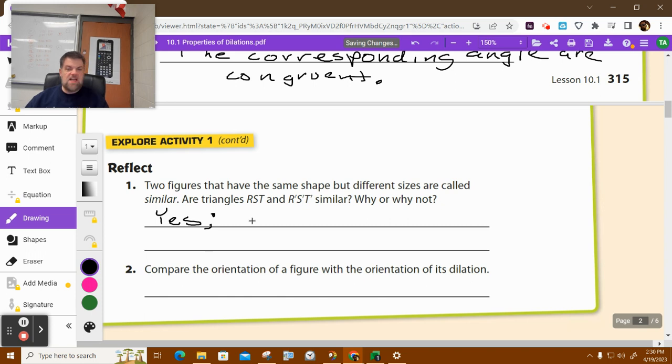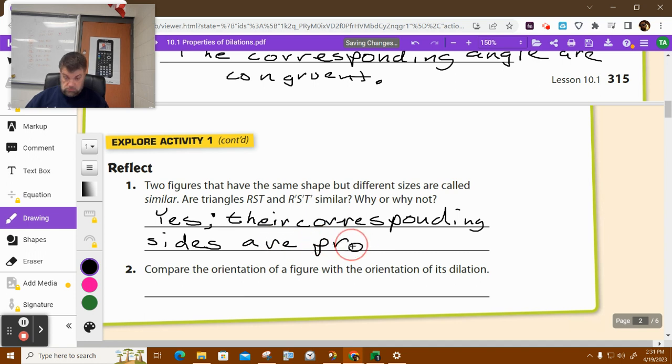Their corresponding sides are proportional. Their corresponding angles are congruent.